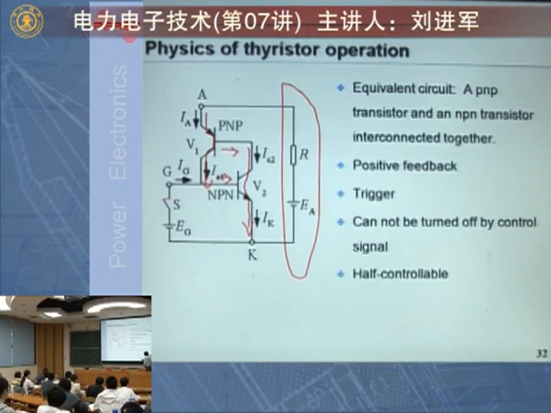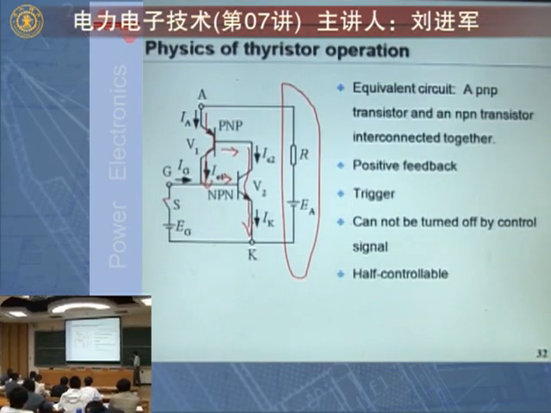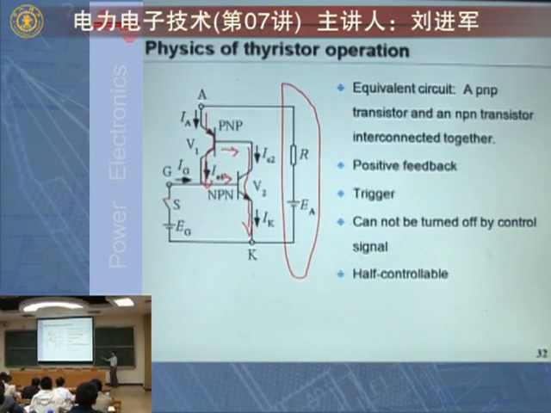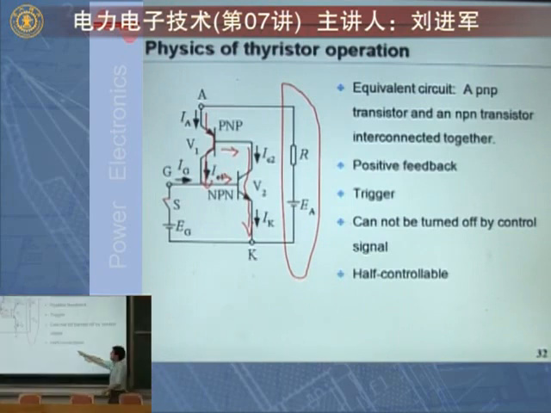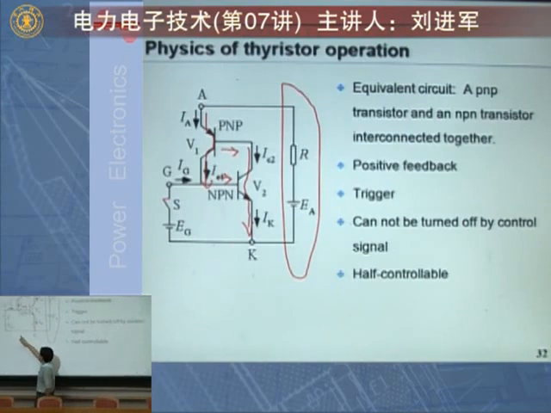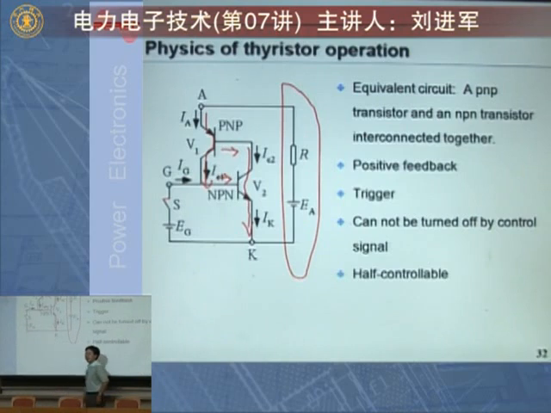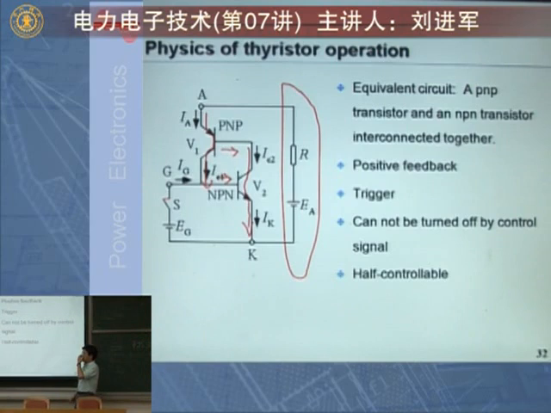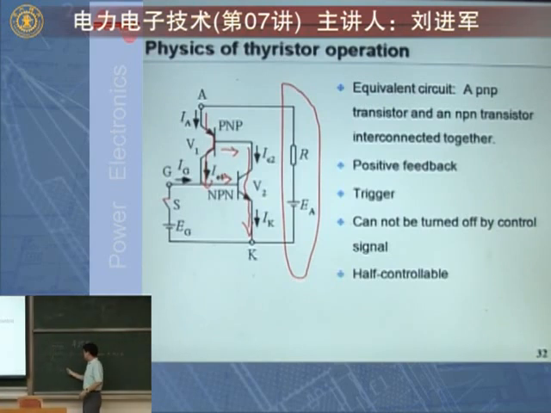Okay. If you can generate an IG in a different direction, originally we were always talking about injecting current in this way to turn it on. And we said even if you remove that, you cannot turn it off. But what happens if we generate a negative IG?